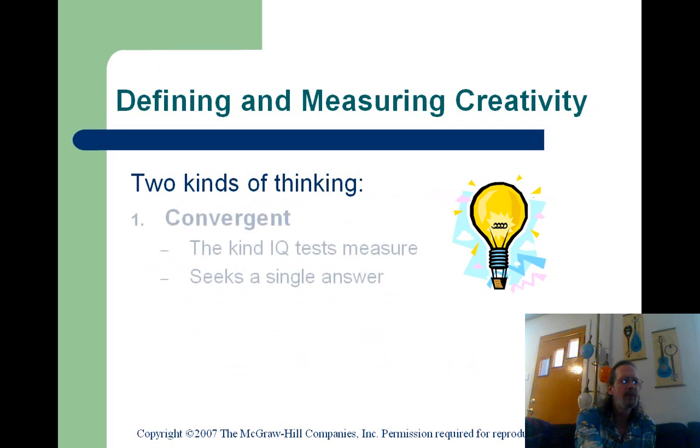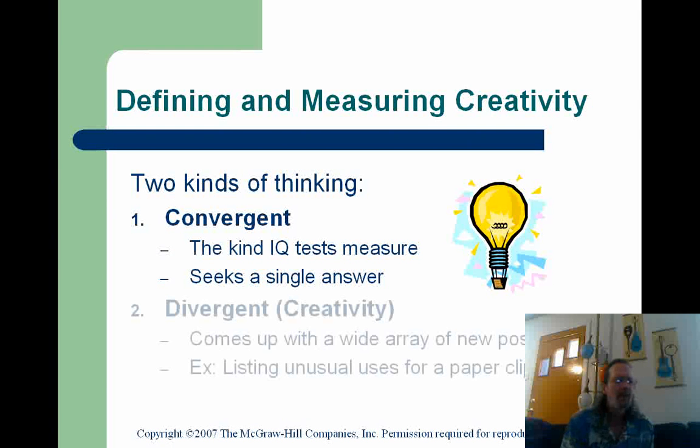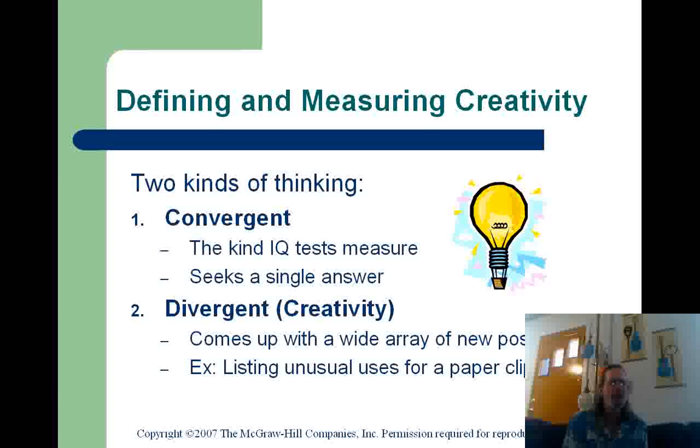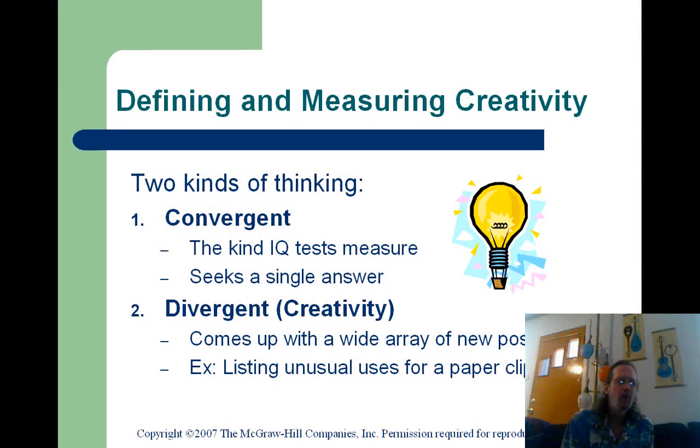Creativity is really important. Most of what we deal with looks at thinking convergently, where there's only one answer. This is what we do most of our testing to determine on children. But people who are extremely creative tend to come up with lots of different possibilities rather than one type of answer.